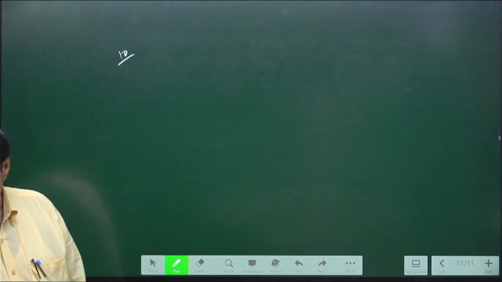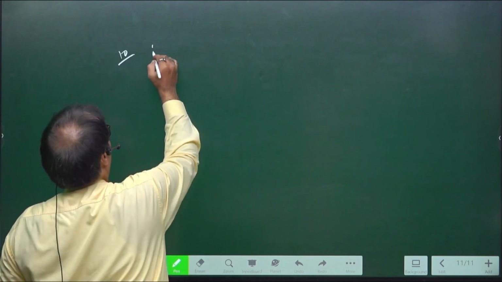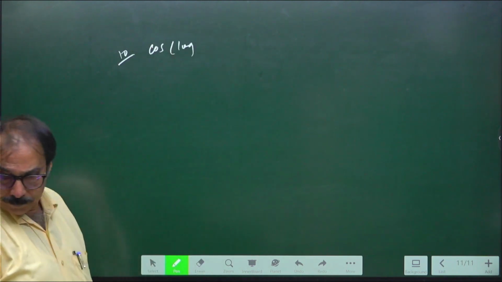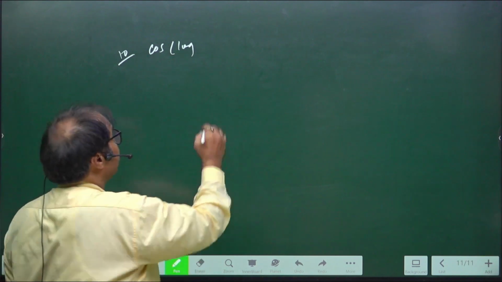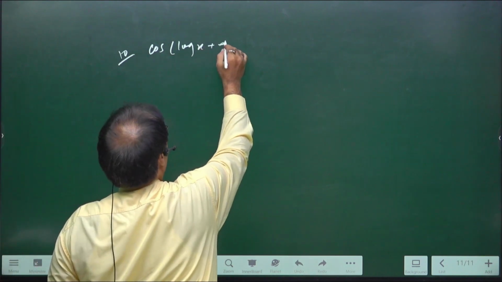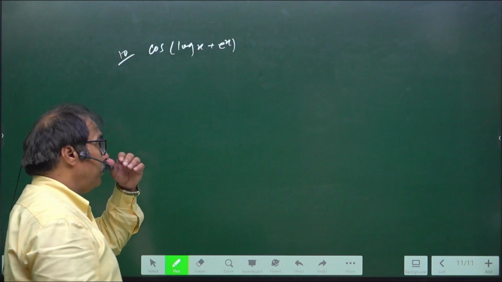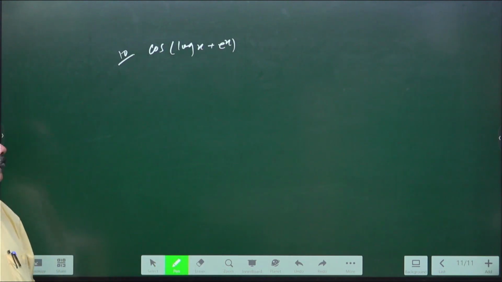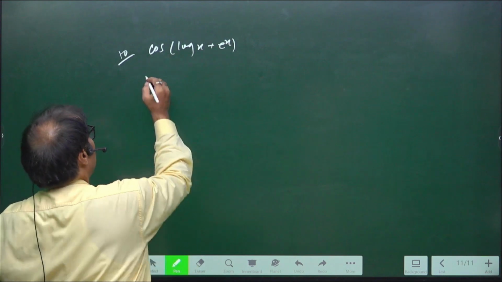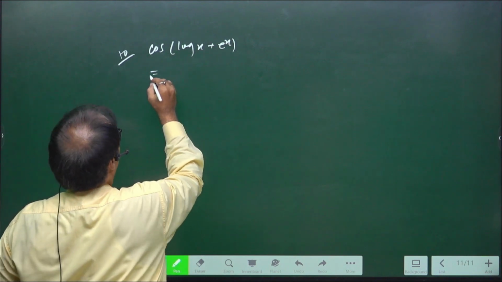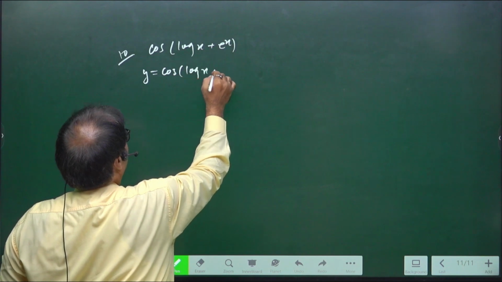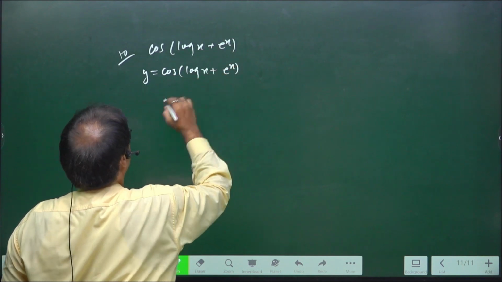The 10th question is cos of log x plus e to the power x, which means the question is mixed with the logarithmic function as well as the exponential function. So anyhow, y is equal to cos of log x plus e to the power x.